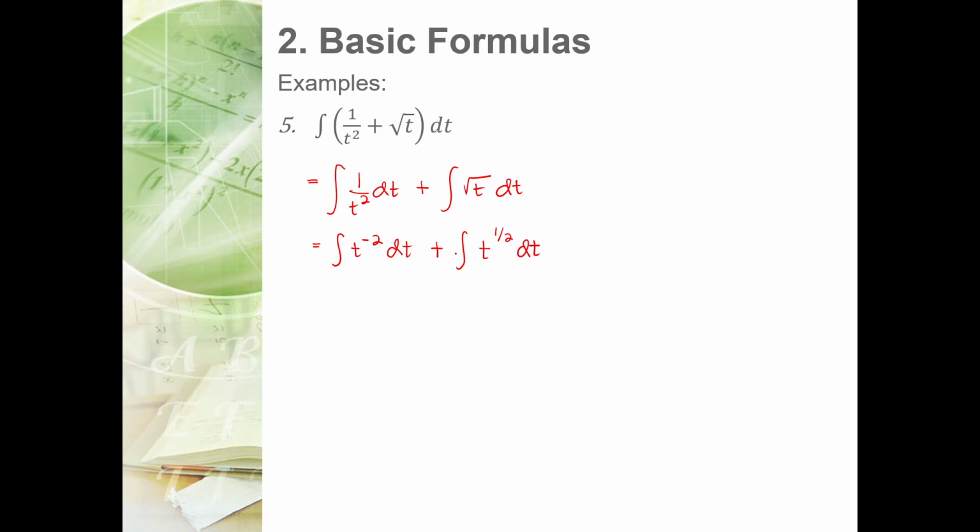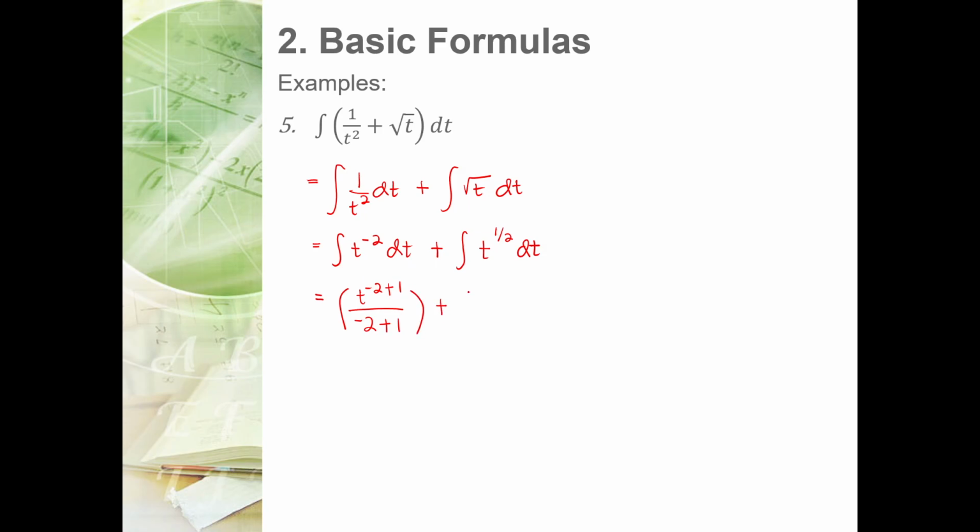Okay, since we know that this one is in exponential form, we can now use the exponent rule of integration. Again, since the exponent is not negative 1, it's safe for us to use the exponent rule. So we have t to the power of negative 2 plus 1 all over negative 2 plus 1.